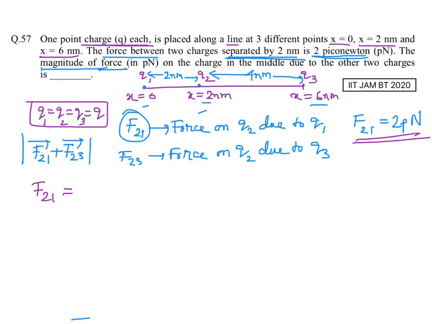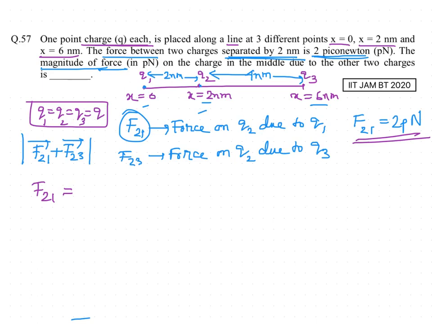Now what is this? We know that in SI units, electrostatic force F equals 1 by 4 pi epsilon naught Q1 Q2 by R square, right? So here let us not write 1 by 4 pi epsilon naught, because that would be troublesome. We don't need it.